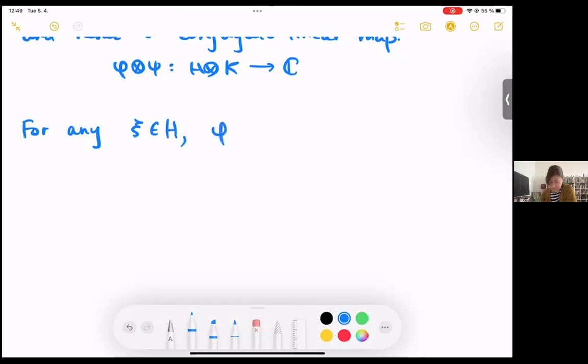So for any xi in H, we can define phi xi to be the map that takes xi prime to the inner product of xi and xi prime.